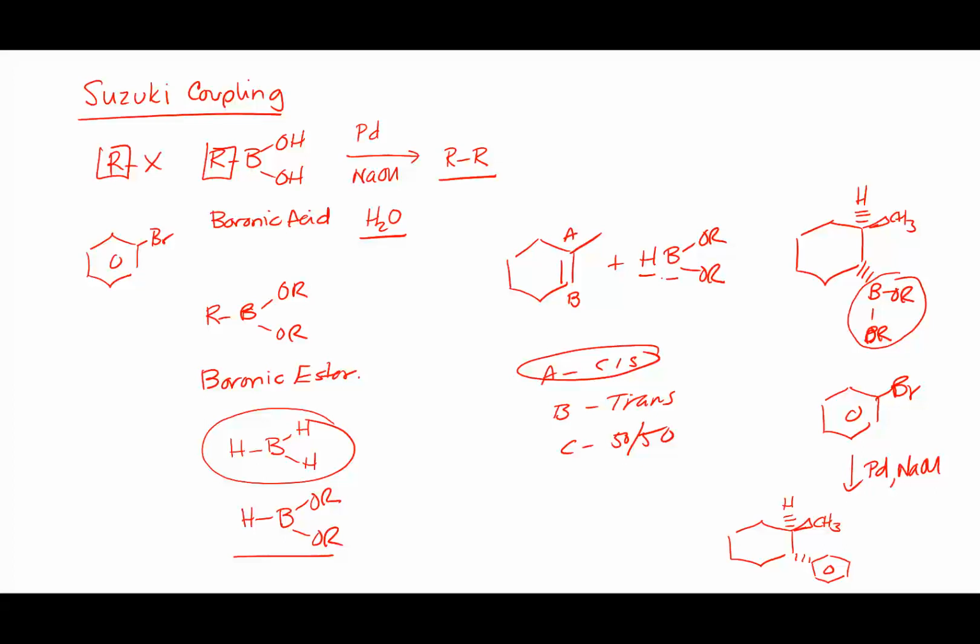Okay, so that's Suzuki coupling, and you can do Suzuki coupling. You could take a triple bond if you wanted to. Let's say I started with a triple bond here.